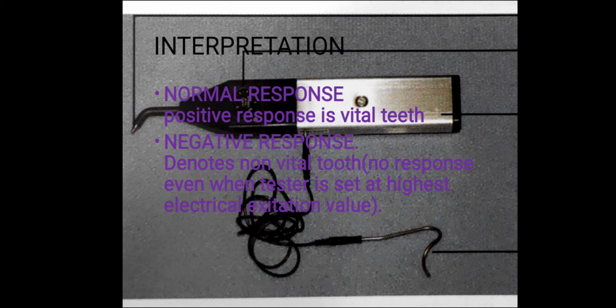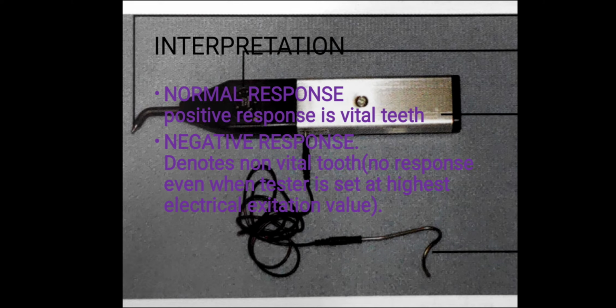Interpretation. We firstly perform the test on the control tooth and then on the tooth in question, and then we compare the results of the control tooth with that of the tooth in question, and then we interpret the results.